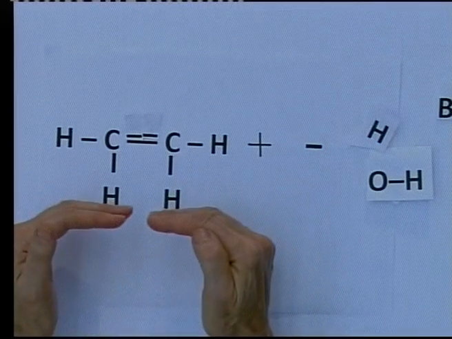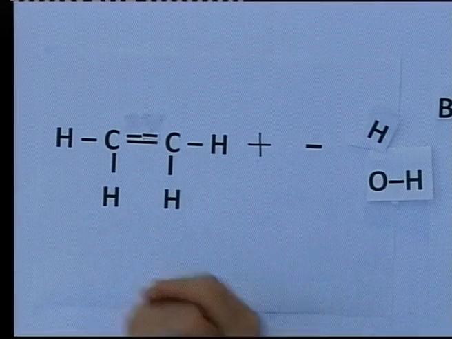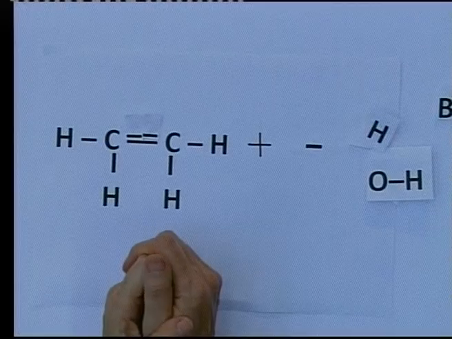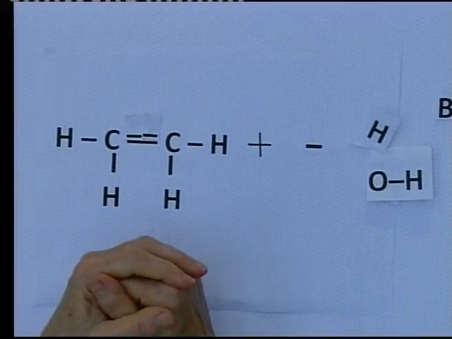The addition is hydrohalogenation, the removal is dehydrohalogenation. And once again, if you want to go into more detail, you can say it's dehydrobromination, the removal of hydrogen and bromine more specifically.